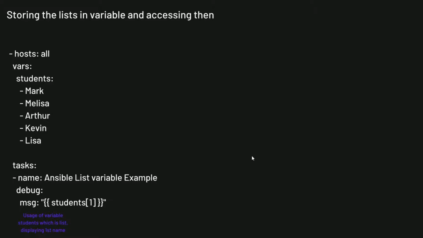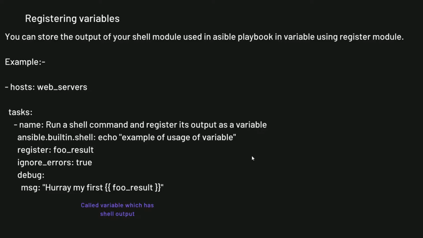Moving to the next important usage of variables: registering variables. There would be a scenario where you want to display the output of your command on the terminal, and Ansible has that solution for you, and that is registering variables.